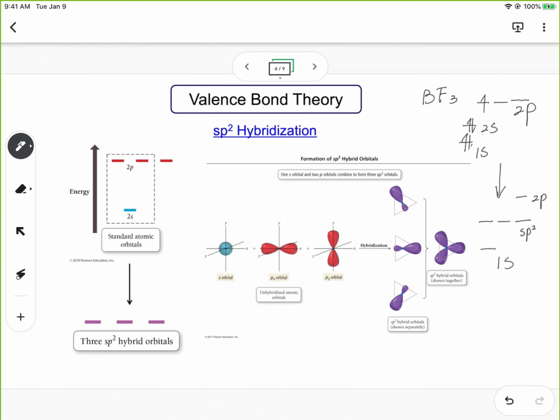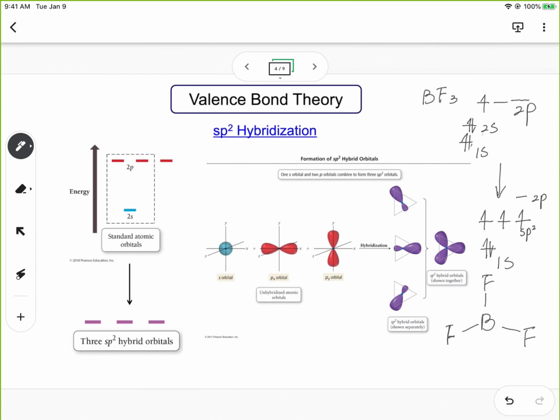So you have 1s fully occupied, and then you have 3 electrons on these 3 sp2 hybrid orbitals. Those 3 electrons will interact with electrons from the 3 fluorine atoms to form 3 boron fluoride bonds.